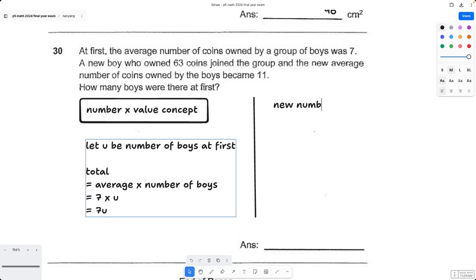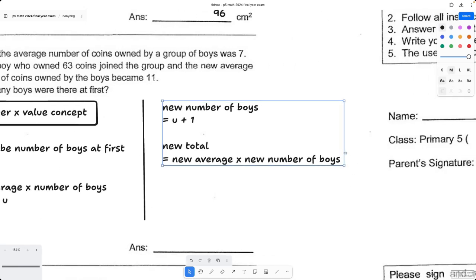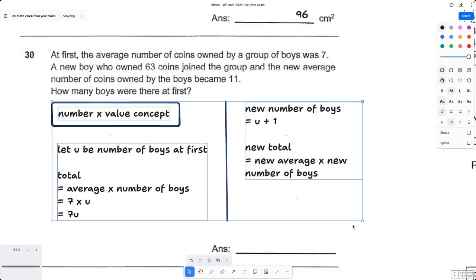Okay, I think it's a new number of boys, is equal to u plus 1. Okay, makes sense, right? Okay, so now new total is equal to new average multiplied by new number of boys, like this. I'm also just gonna move it here so it's easier.